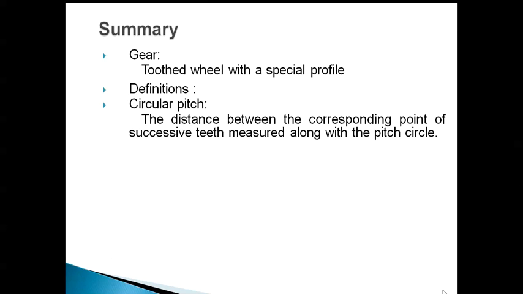In the nomenclature of gears, we generally use circular pitch, that is the distance between the corresponding points of successive teeth measured along the pitch circle. Circular pitch P equals pi d by t. Here d is the pitch circle diameter. Pitch circle diameter is the diameter of the imaginary friction circle.